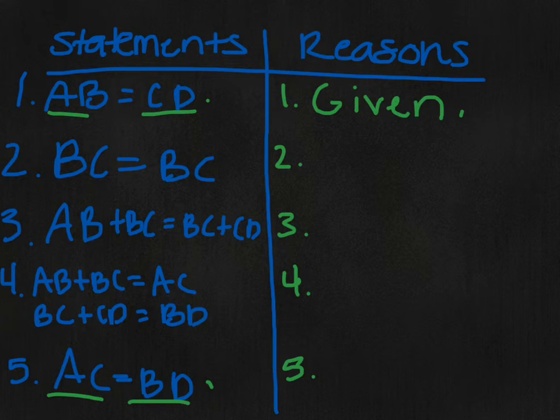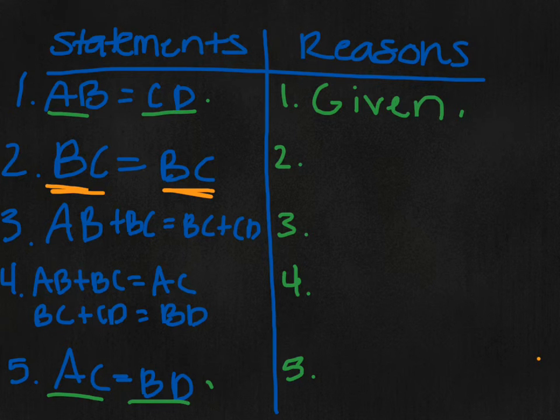Okay. Our next one, and you notice there's also the reasons there you can choose from on your notes. I just did not have enough room to write them. So go ahead and just cross off given. We've already used that one. Okay. The next one we want to use, it says that BC is equal to BC. Okay.